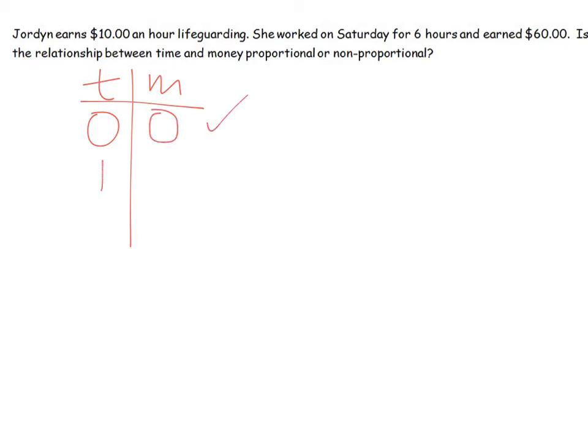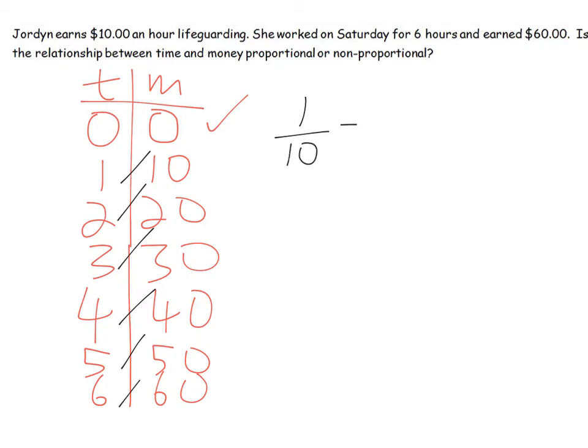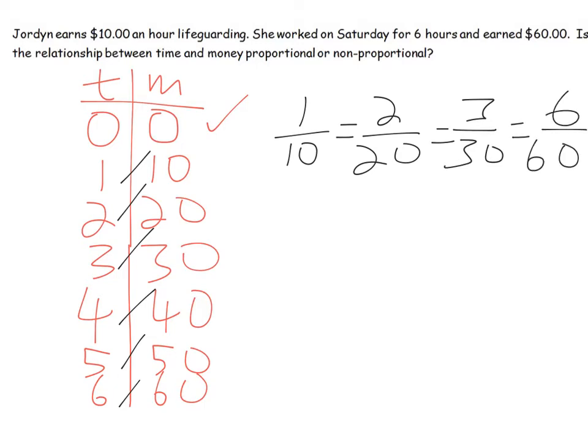If she worked 1 hour, she'd get 10, 2, 20, 3, 30, 4, 40, 5, 50, and 6, 60. So is this proportional? Let's make our fractions. Is 1 over 10 the same as 2 over 20, and 3 over 30, and so on until we get 6 over 60? Yes, those are all the same. So this is proportional.